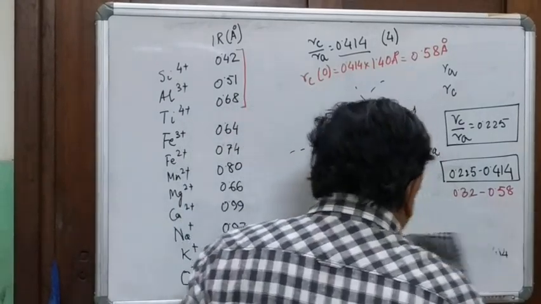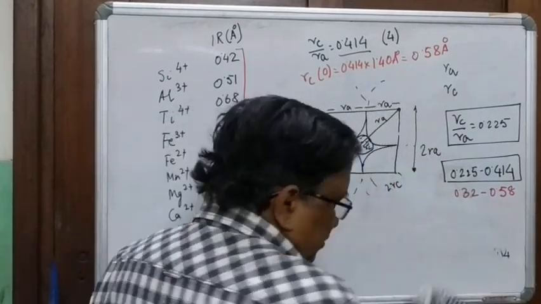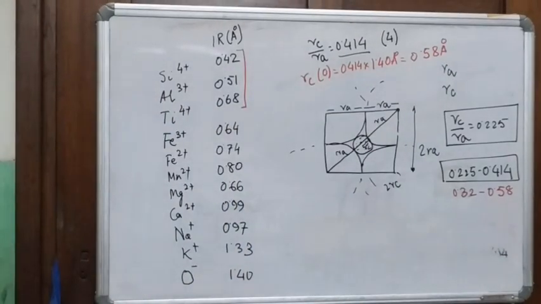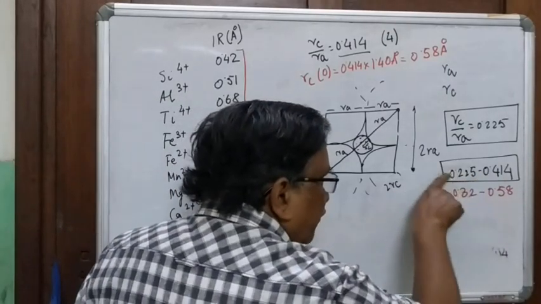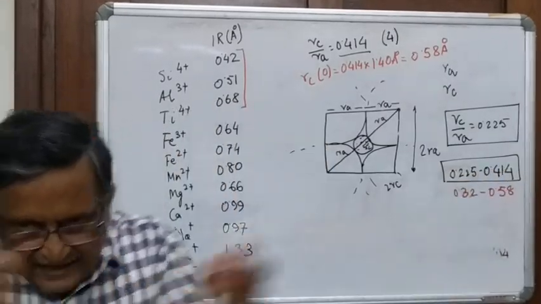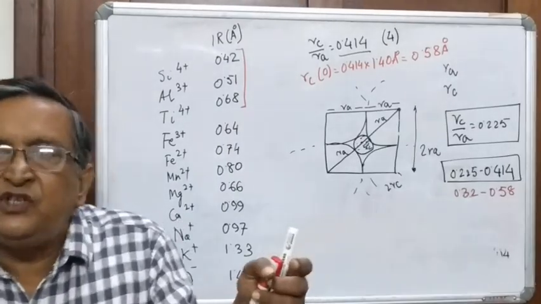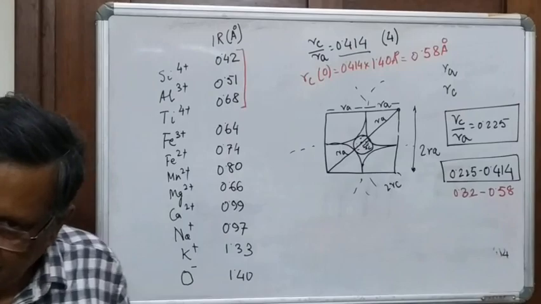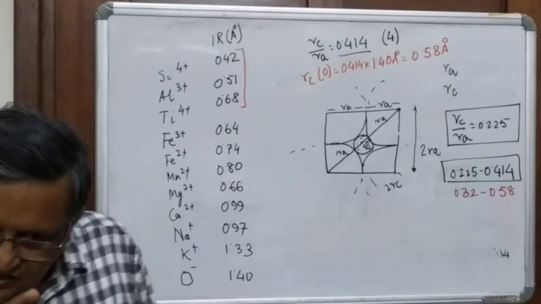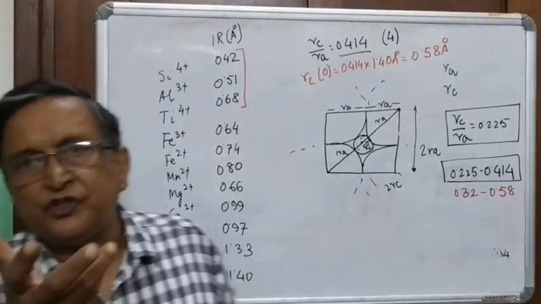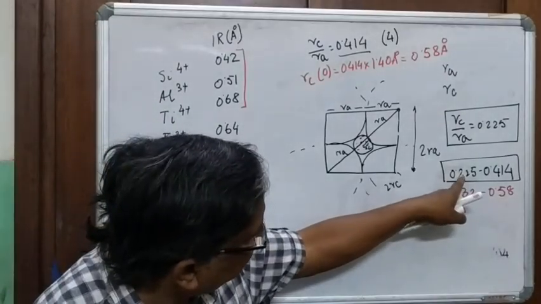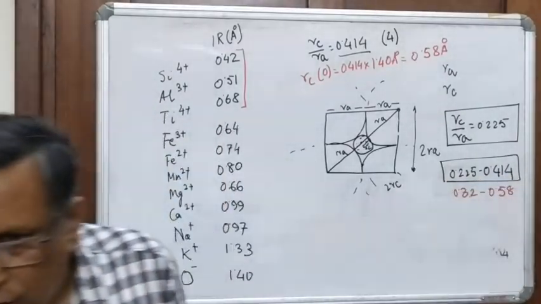You see here, once more, just before I go to the next stop, the important point is that the radius ratio for 4-fold coordination has a range. The range is because of the different types of packing that can be employed with the same number of oxygen atoms, for which the radius ratio should vary from 0.225 to 0.414.